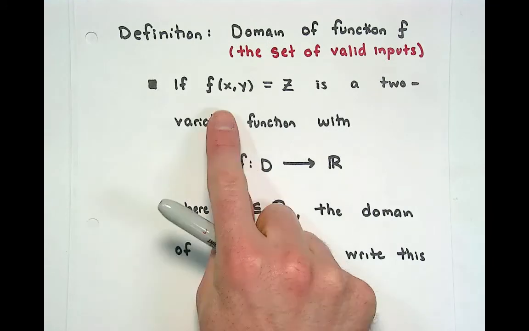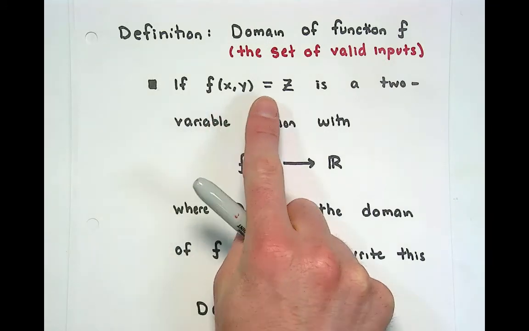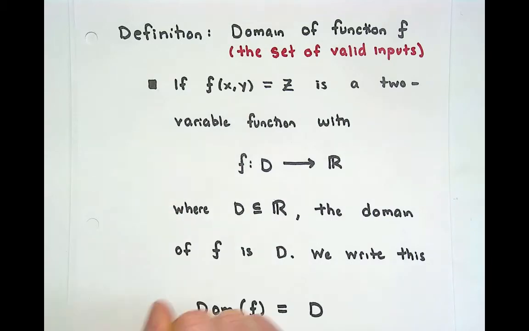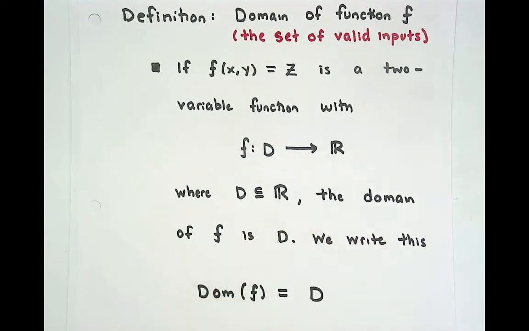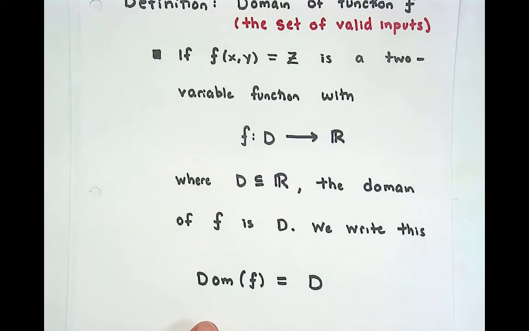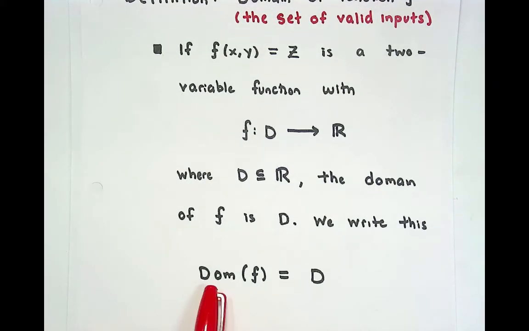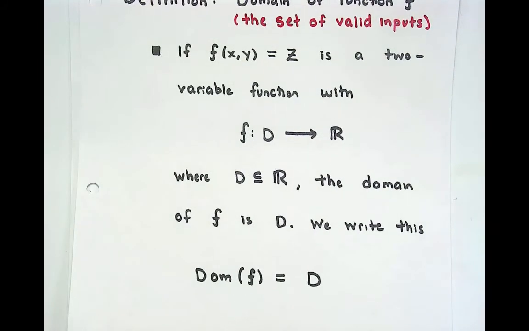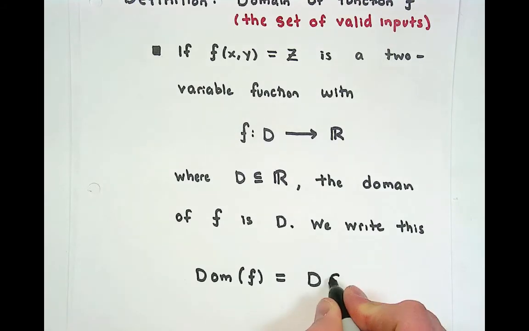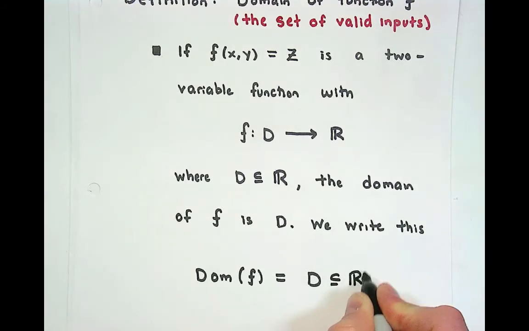If you have a two-variable function f of x y and the output variable z, we say that the domain of this function is the set D. You can write this as the domain of f equals D. This notation, DOM, of function f, you read as the domain of f, and it's equal to the set D. Just like we defined the domain, in this case for a two-variable function, we say that it's a subset of the domain space R2 from which the domain is chosen.